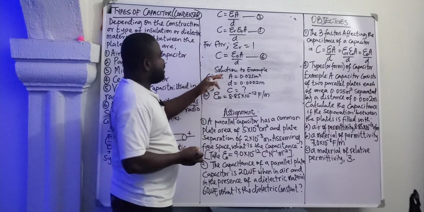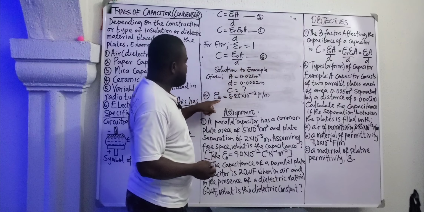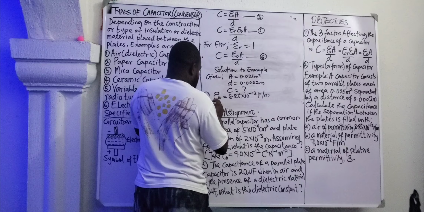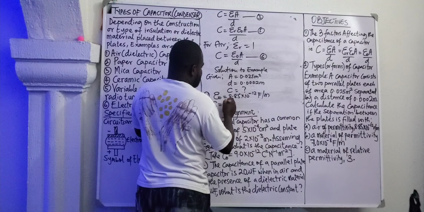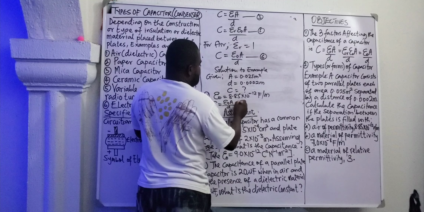So which of the formulas am I going to use? Is it 3? Is it 5? Is it 6? Since it is air, I will use equation 6. So I will say C is equal to epsilon 0 times area divided by the distance.